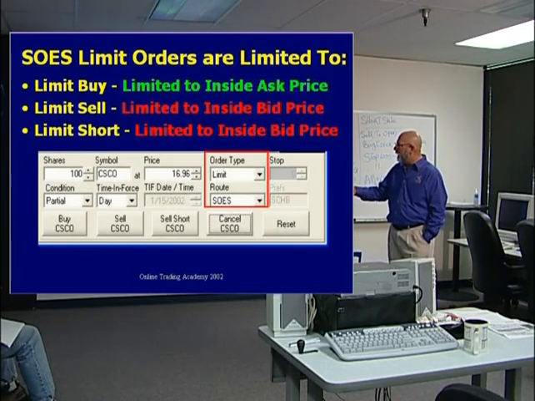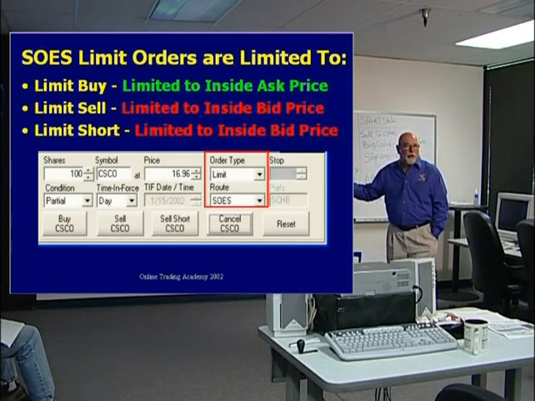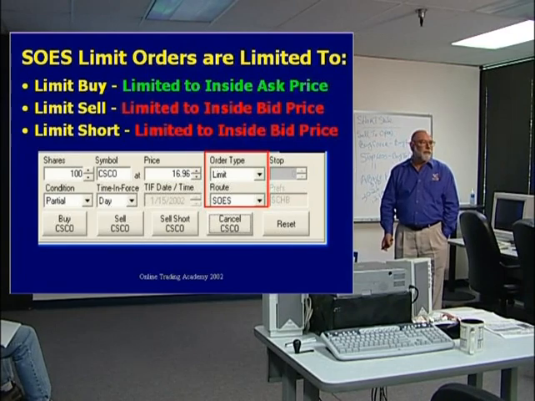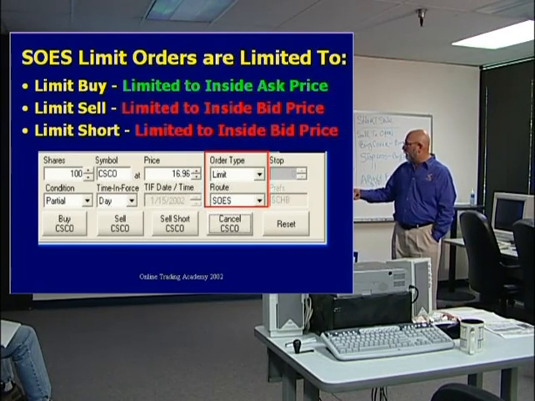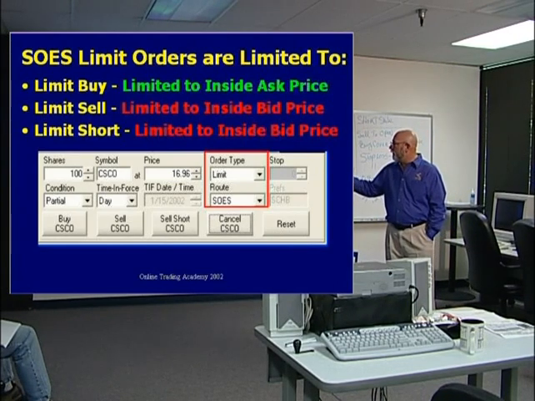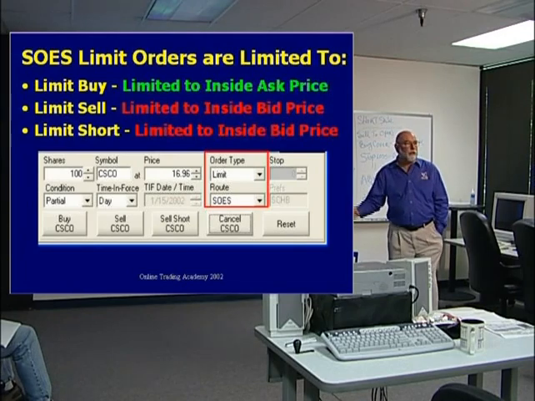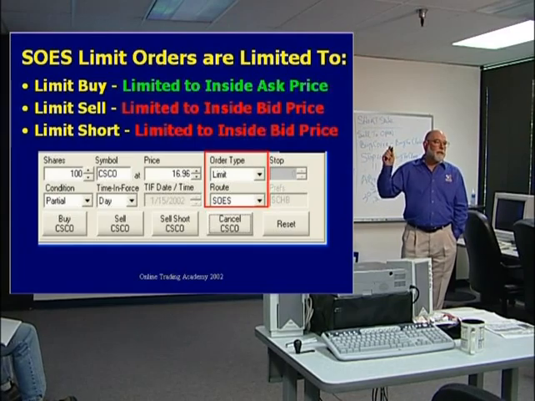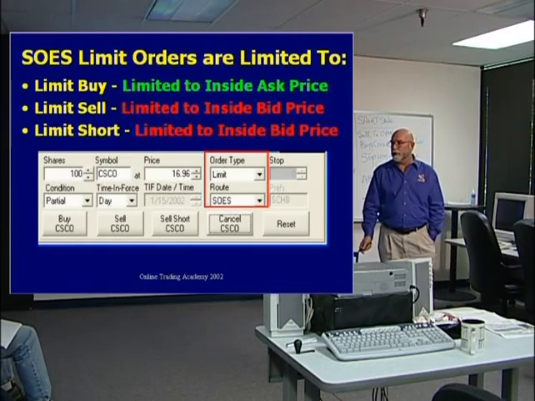If I hit the sell button, I'll only be able to sell to the bid at $16.96. Okay, if I hit the short button, I can only sell to the bid if there's a $16.96 and we're on an uptick. Remember, I can't sell to the bid on a downtick.